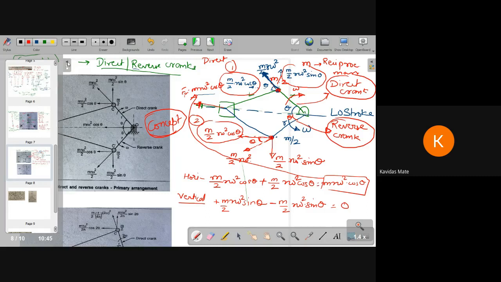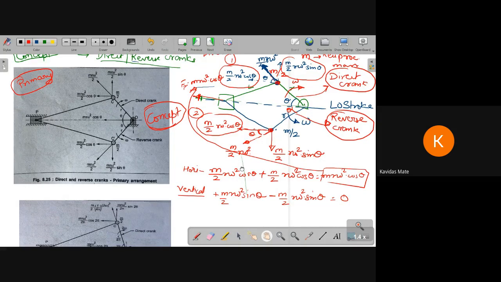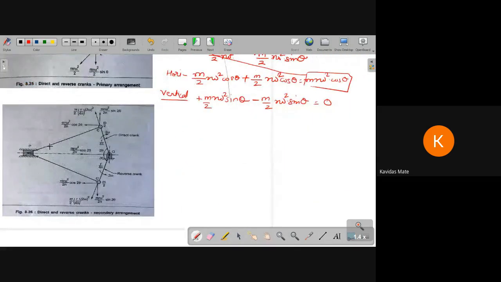Now this we have taken for the primary arrangement, so this would be the primary direct crank and this would be the primary reverse crank. Using the same concept, now we need to look at the secondary.